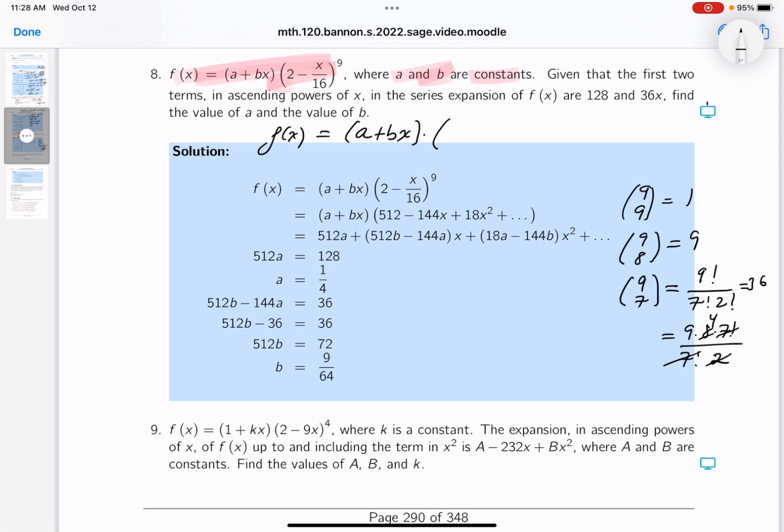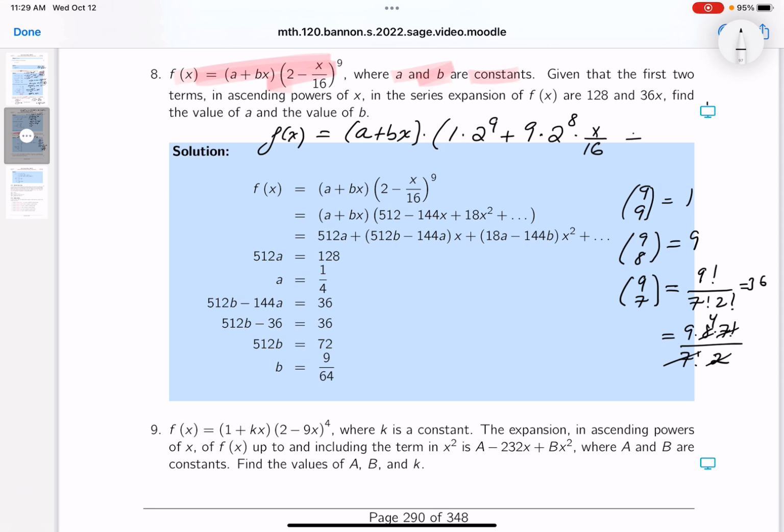So I think I write this down. So it's going to be 1 times 2 to the 9th power now, and then plus 9 times 2 to the 8th power times, let's see what you're going to get there. You're going to get x over 16, right? And then what are you going to get?